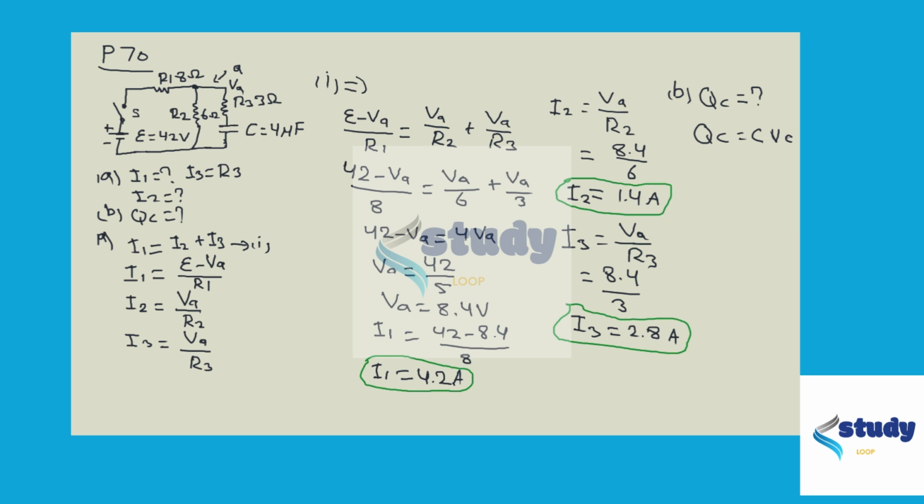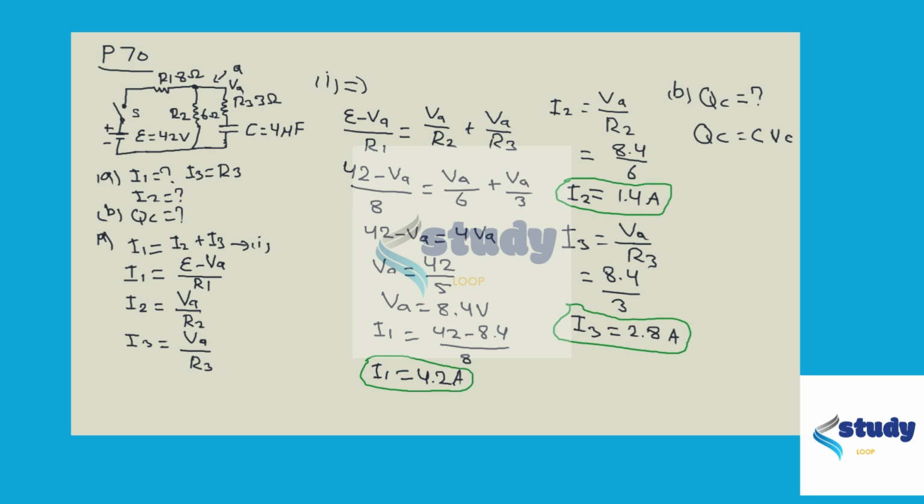When the switch is closed and after a long time, the capacitor passes no current, and it behaves like an insulator such that no current flows through it, and all current passes through R1 and R2, and the R3 branch is also open.